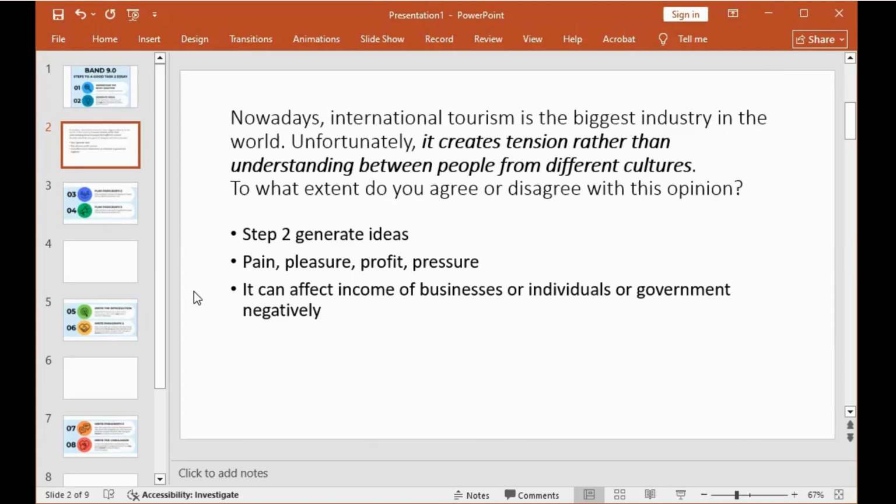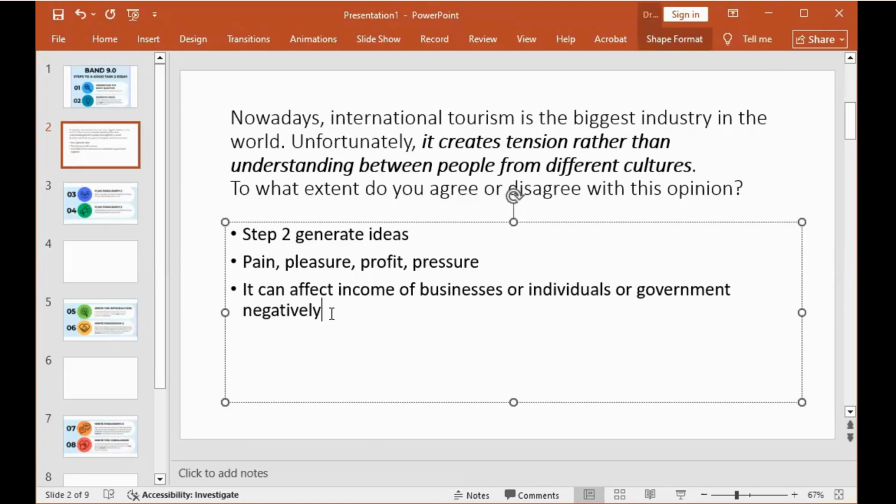Now, the second thing I can talk about is that it puts unnecessary pressure. When we say pressure, we'll talk about maybe the impact that something has. So international tourism can put pressure on environmental resources.